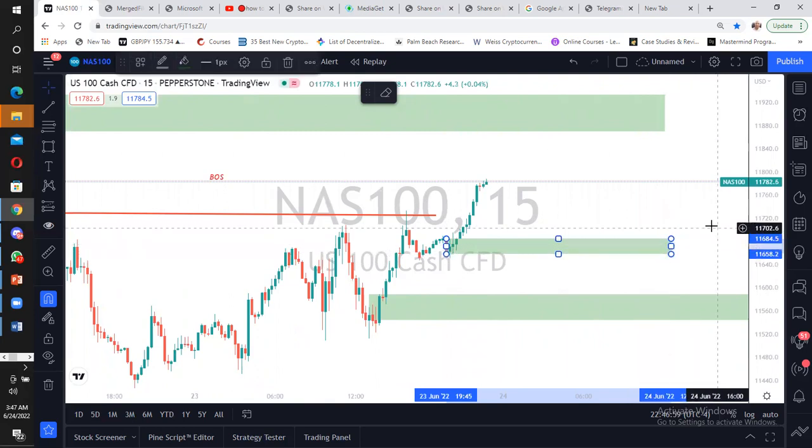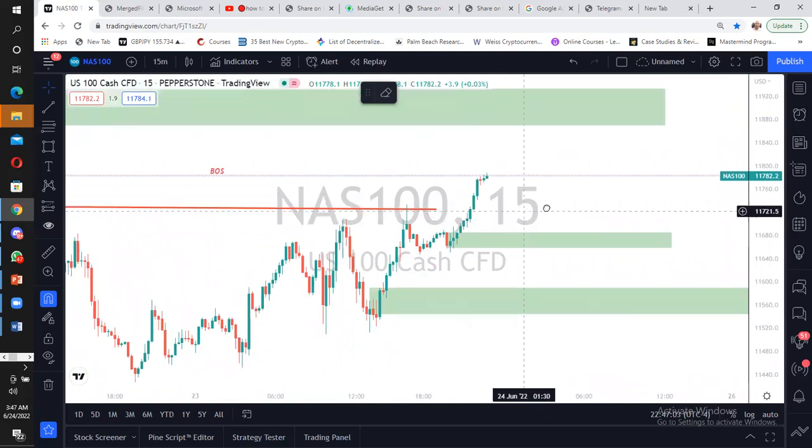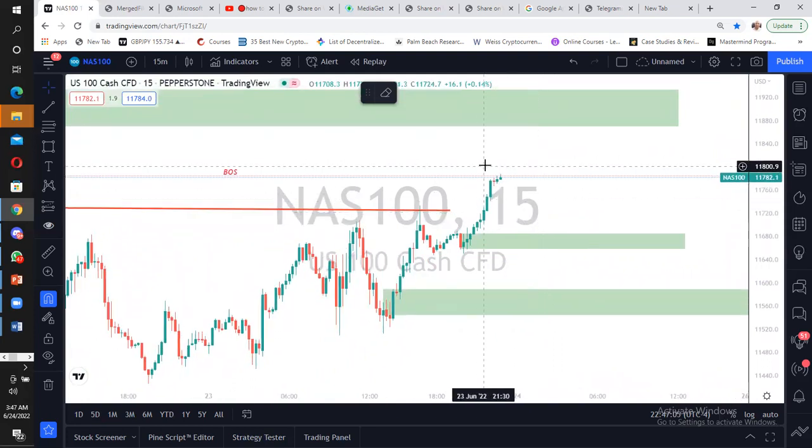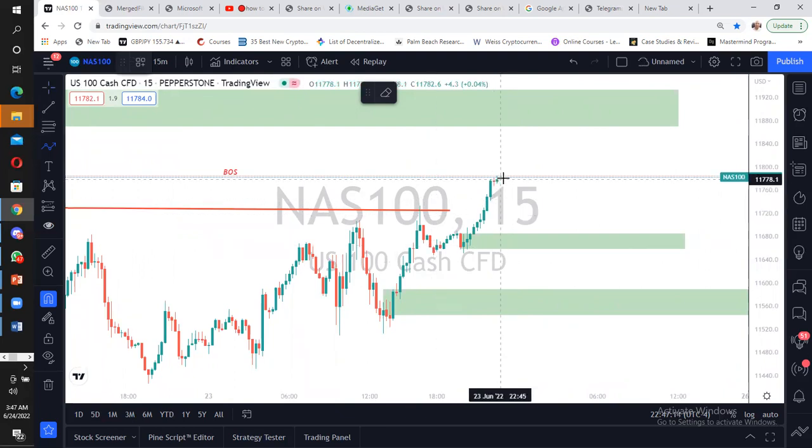We're looking for a reason to buy to follow to this level. But we haven't seen anything yet that will give us a kind of pullback down, and we'll take a buy on something like this.